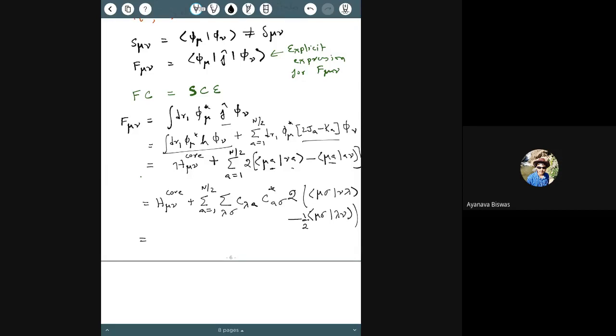Now there is a sum on a, and the a is restricted to the occupied orbitals. So we carry out this sum on a along with the factor 2, and we call it P lambda sigma.